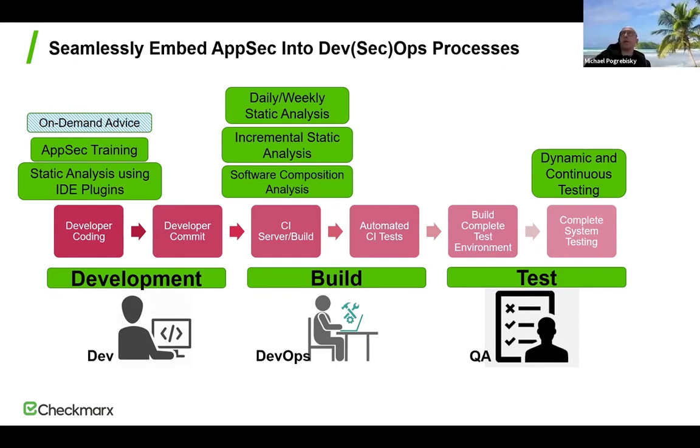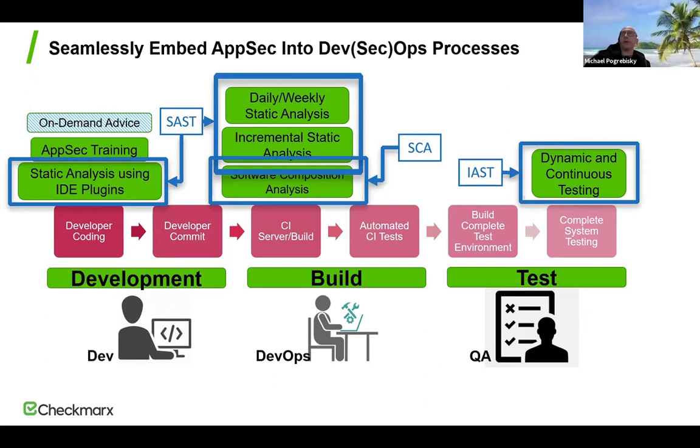And during the test phase, you can do dynamic and continuous testing, and you can do some application security testing there as well. And this is how the technologies that I've been talking about before map into these different places. So you can use SAST during the development and build phases, and you can use IAST during the build phase.